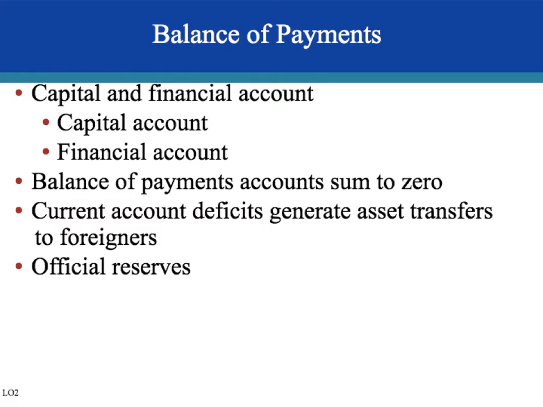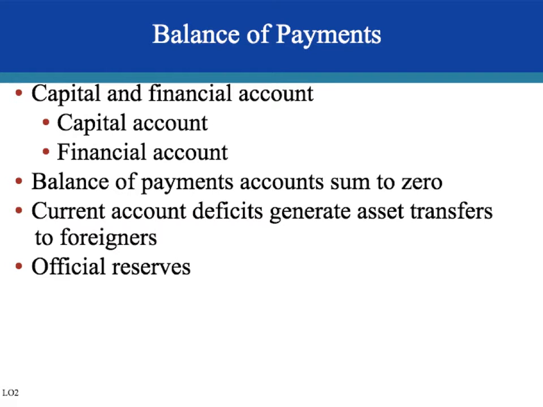The capital account measures debt forgiveness. How much debt did foreigners forgive that was owed to them by U.S. citizens, minus how much debt that Americans forgave that was owed to them by foreigners. And then the financial account summarizes international asset transactions.